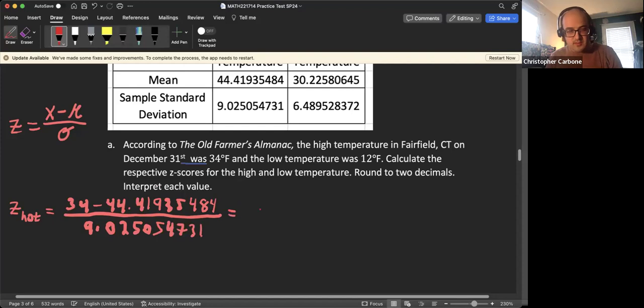So rounding that to 2 decimal places, this makes negative 1.15.